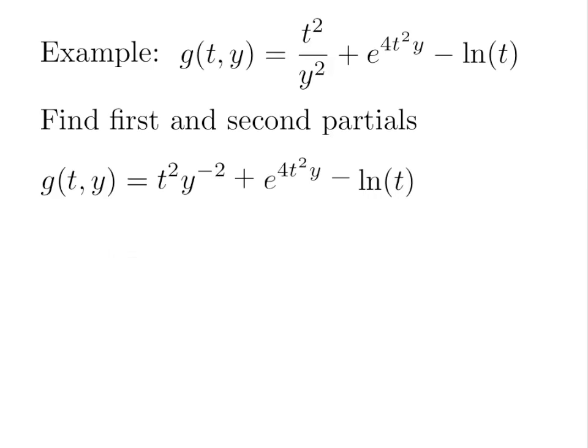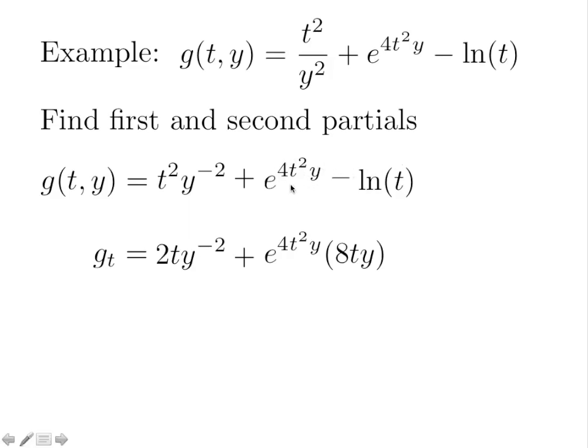Now for the first partial, I need to find partial g, partial t. That means we're going to treat y as a constant, and we're just going to look at the variable t. And the derivative of t squared is 2t times y to the negative 2. Now for the second term, you have to apply the chain rule. The chain rule says that the derivative of the composition function is equal to the derivative of the outside function multiplied with the derivative of the inside function.